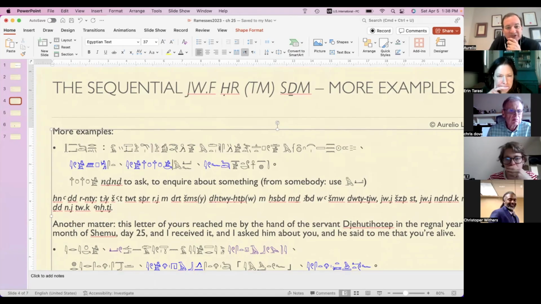A few more things to point out, maybe. Taishat tut, this letter of yours. Why doesn't he just say Taik shat? Because he wants to emphasize this letter of yours, no other letter. And if you already used the tai before, you can't put another possessive article.